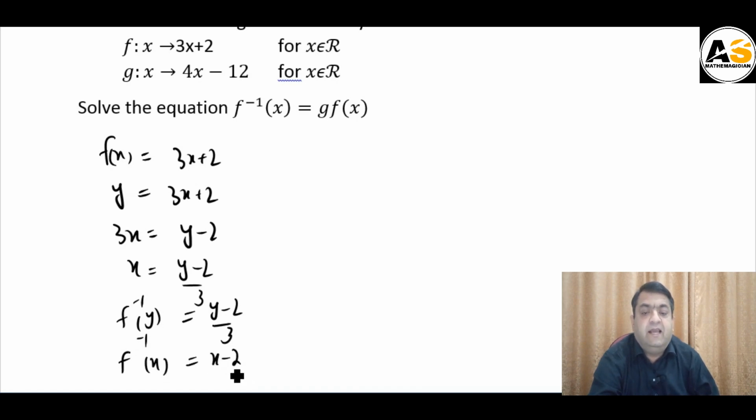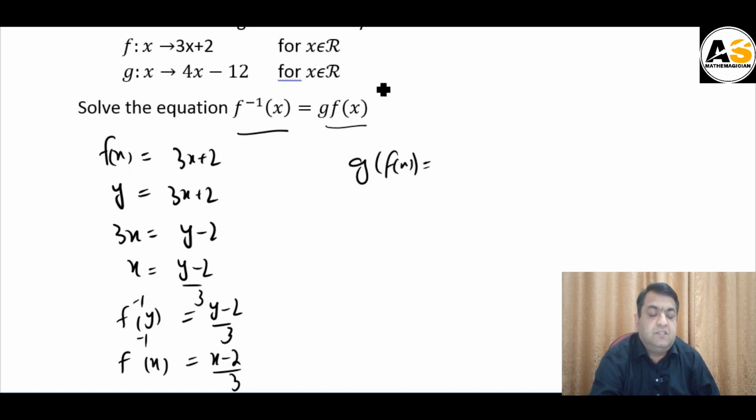What I have done, I have calculated this. Now I have to calculate g of f of x. How do we calculate g of f of x? In g of x, which is 4x minus 12, instead of x, we will put f of x. And in the second step, we will put the value of f of x. So what will we get? 12x plus 8 minus 12.